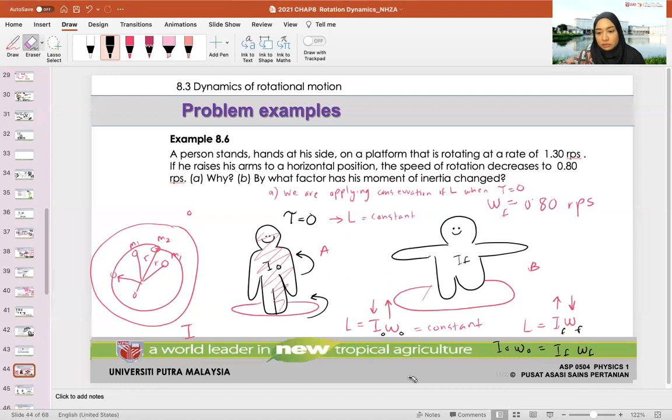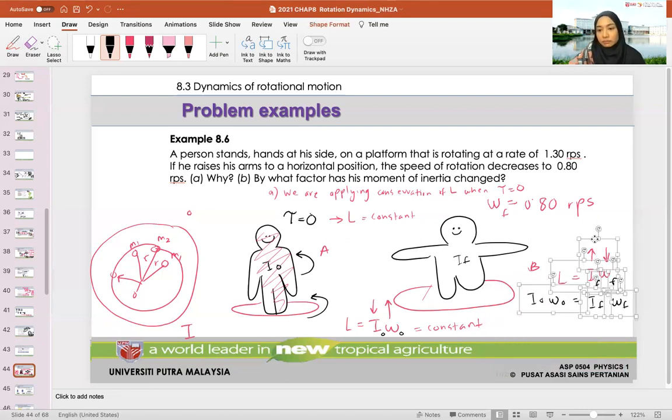So I'm going to rearrange my equation here. Now that we have equated them, I want to know what is I F over I naught, which means I have to bring this over here and this over here. It becomes omega naught over omega F. Omega naught was 1.3.